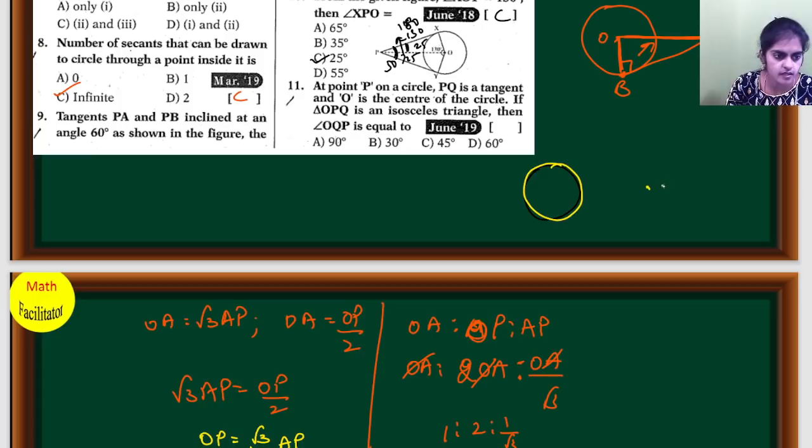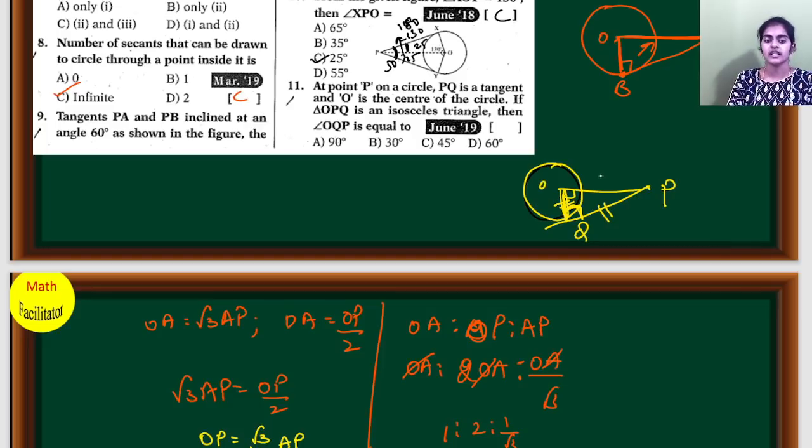P is an external point, PQ is a tangent, and O is the center, and OPQ is an isosceles triangle, which means these two are equal. Okay, this hypotenuse is always the longest side. So OP is always the longest side. So now these two sides are equal. This is radius.